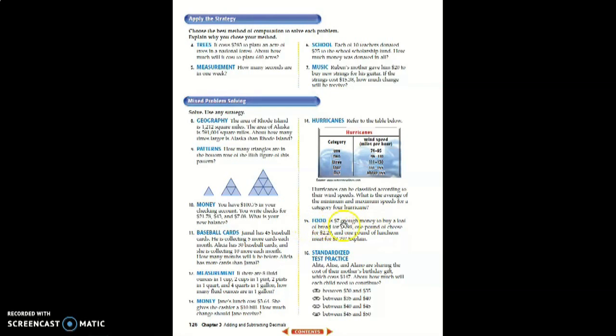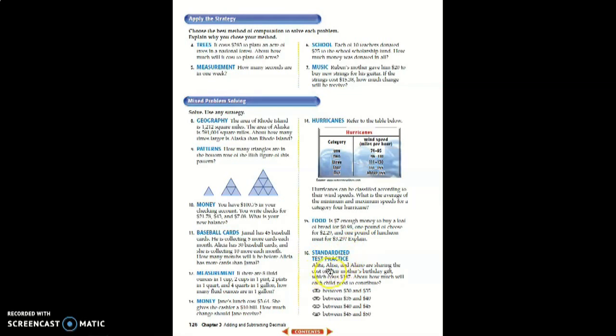Is $7 enough money to buy a loaf of bread for $1.98, 1 pound of cheese for $2.29, and 1 pound of luncheon meat for $3.29? Explain.